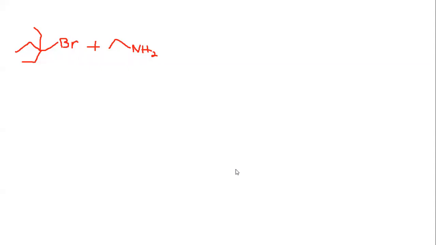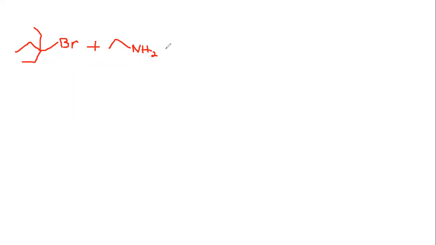So in our second example, we have triethyl bromide and ethylamine, and we want to determine whether this is going to undergo an SN1 or SN2 mechanism.